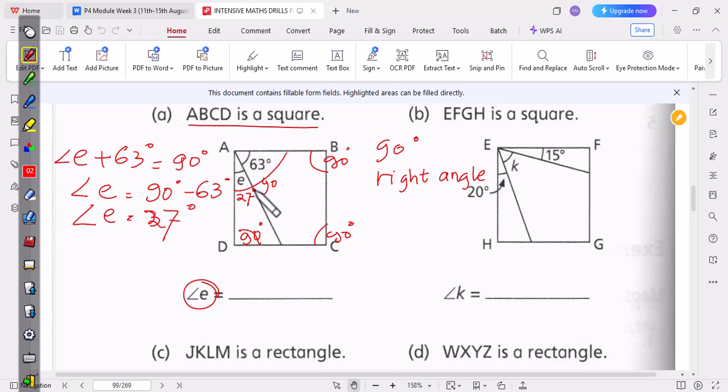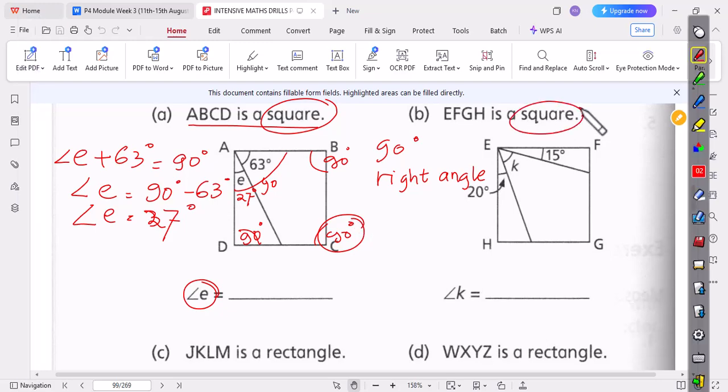So we can solve this one if we know the characteristic of the angle. We know that the square has four equal angle, that is 90 degree. So in the same case, we can solve question part B. We have a square here as well, and they ask for angle K. So K here must be the combination of 15 degree, this one.